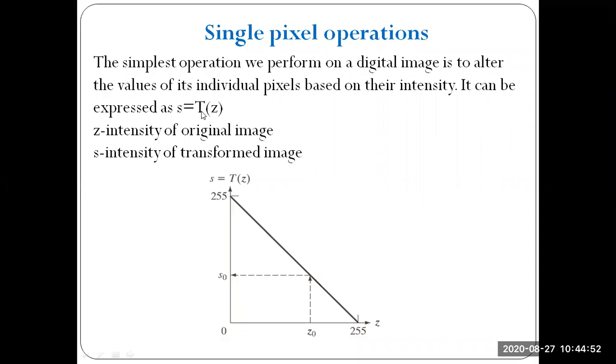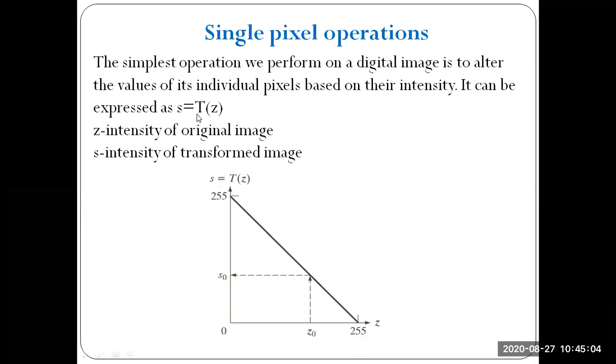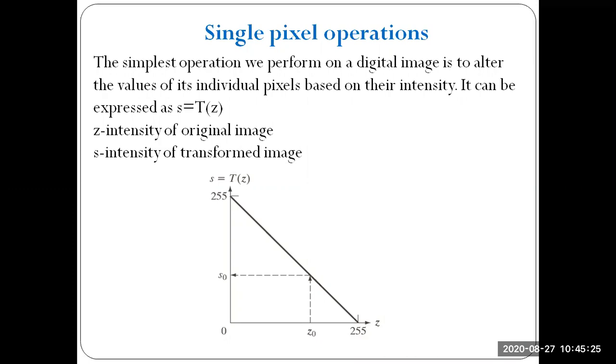T may be a scaling factor. Depending on your requirement, you increase or decrease the value. Depending upon your T value, the input pixel value changes from Z0 to S0, Z1 to S1, Z2 to S2, like this. So S equals T of Z. This is called the transformation function of an image. This is the single pixel operation.